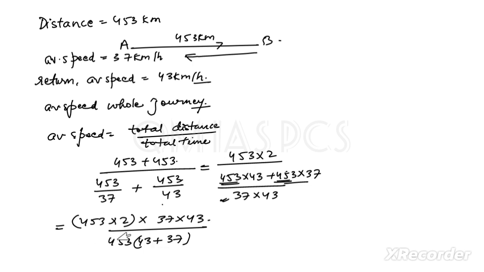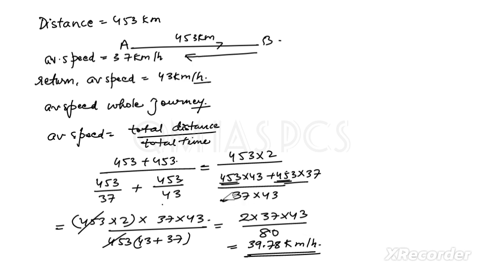So this 453 will be cancelled out. What is left is 2 multiplied by 37 multiplied by 43 divided by 80. If we solve this, it will be around 39.78 kilometers per hour.